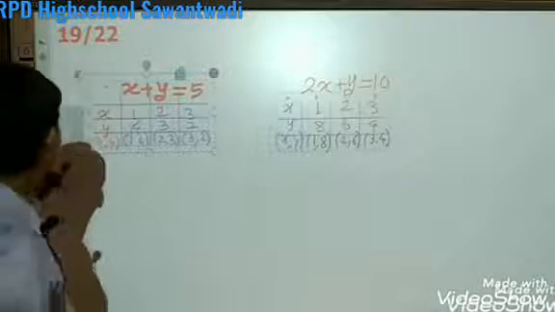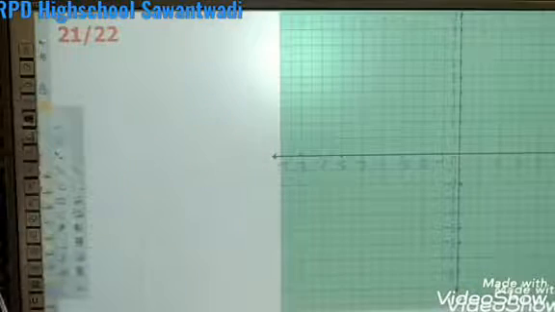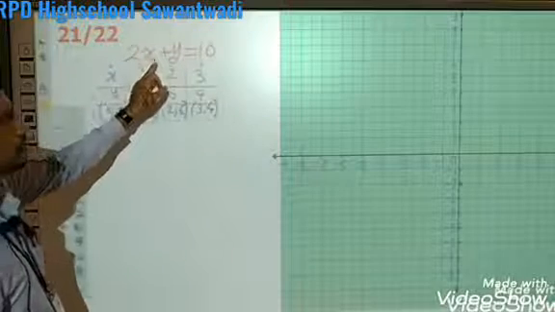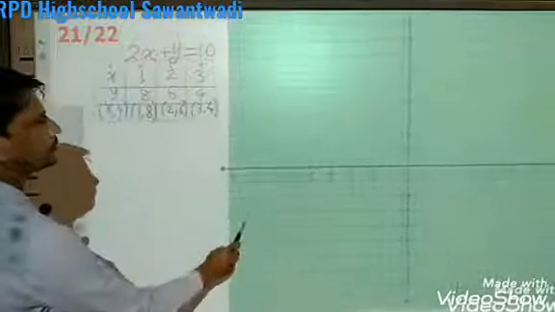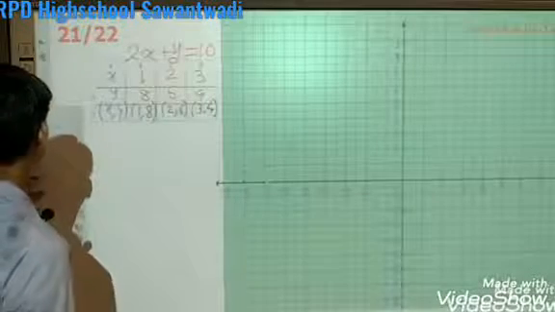Let us see how to get the graph of this equation. So here is the equation, and let us plot here. You remember how to draw this?